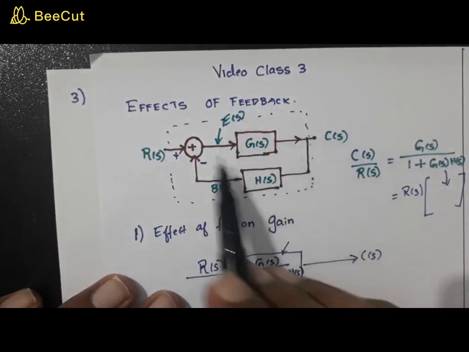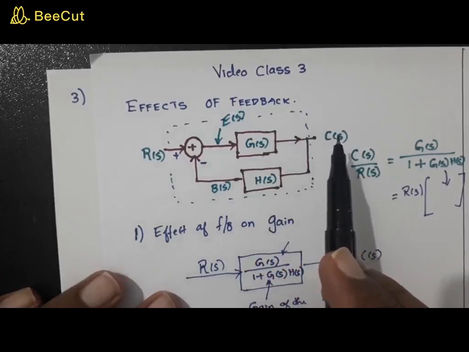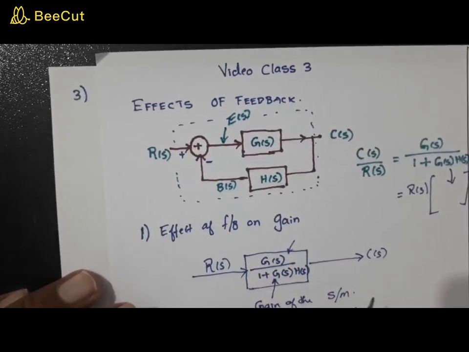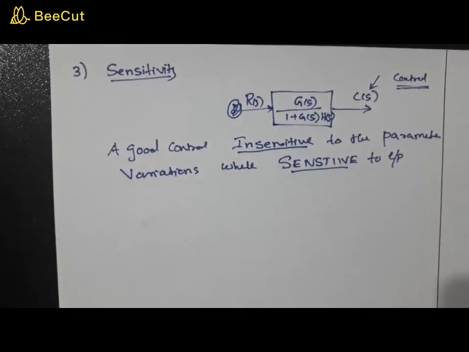So that requires some amount of looping so that it will regain its original value. So it has to be very insensitive to the parameter variation. Okay, we'll have an expression of that right now.